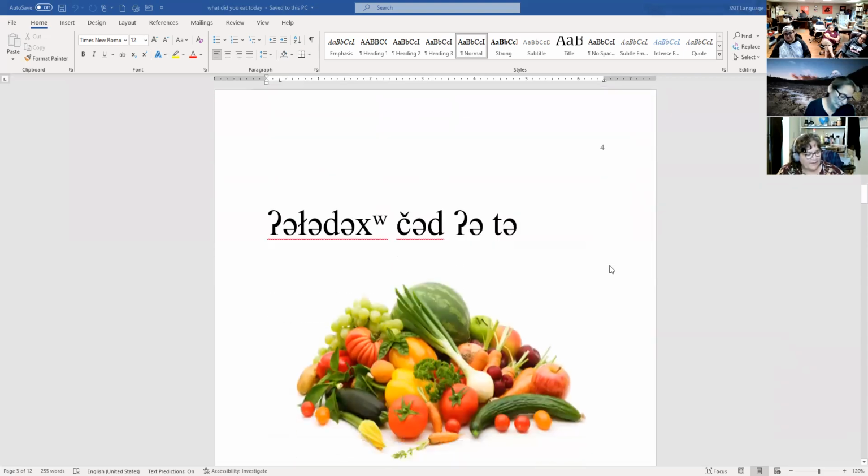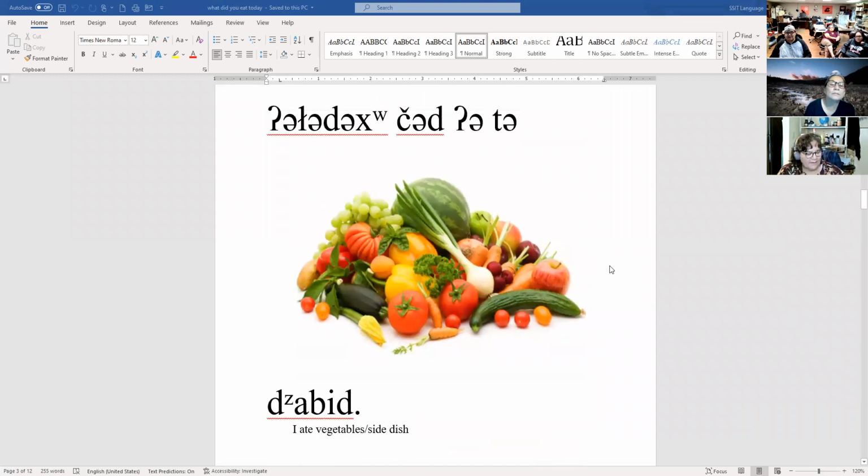As you see in this one, the O is not there, because this is the second thing I ate. In its place, I added "and then." And then I ate vegetables.